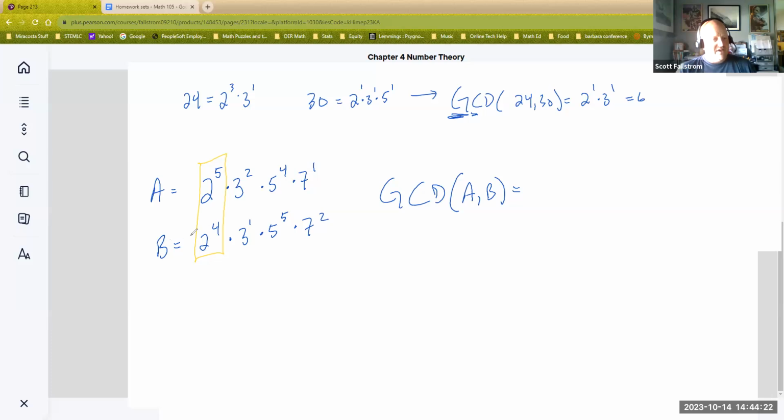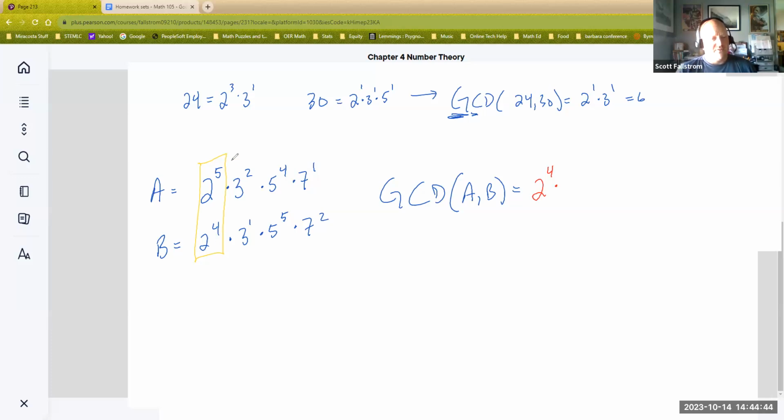Now in B, I know 4 2's are in one of those numbers. That's great. And the other one I have 5. But again, it has to be the greatest number that's in common. So I would actually put down 2 to the 4th, because that's the most that could go into B. I can't get any more 2's out of that.